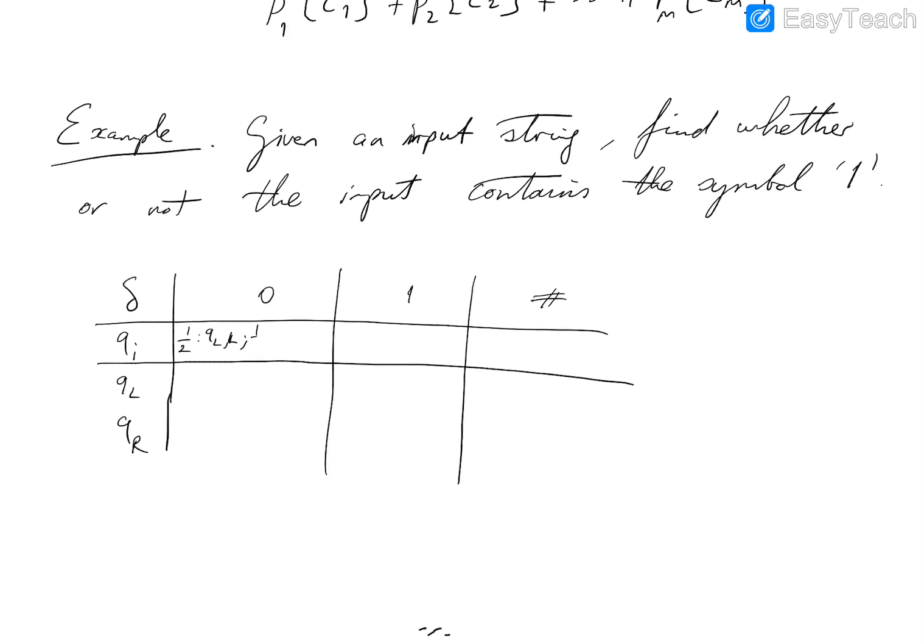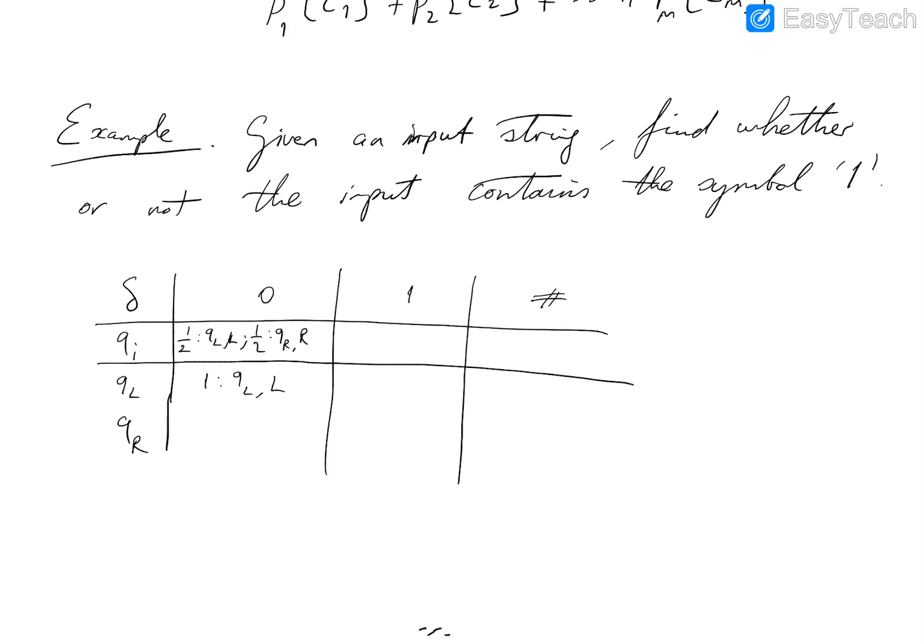But with probability 1/2, we change our state to QR and move the tape head one step right. If the current state is QL, with probability 1 we remain in the same state, and we keep going to the left.